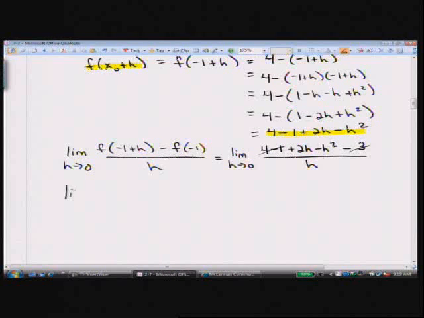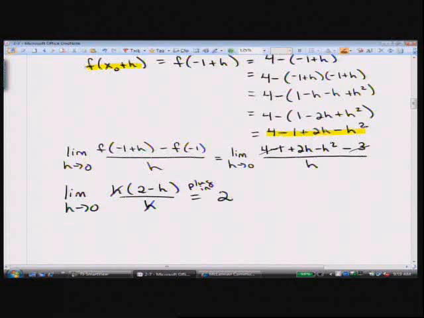So if we do the limit as h goes to 0, we have h times (2 minus h) over h. Our h's cancel. Now we can do a plug-in, and we get 2 minus h. As h goes to 0, it's just going to be 2. Okay, so this is my slope of the tangent line.